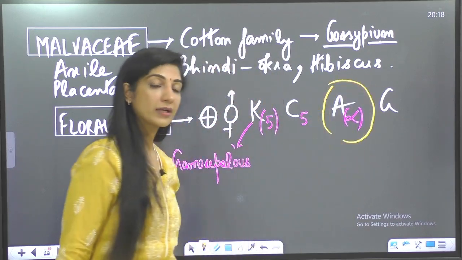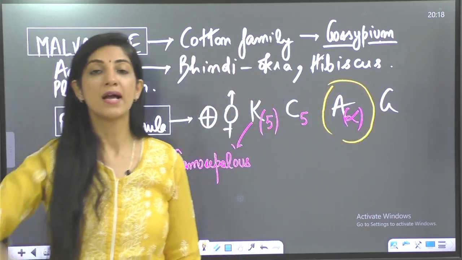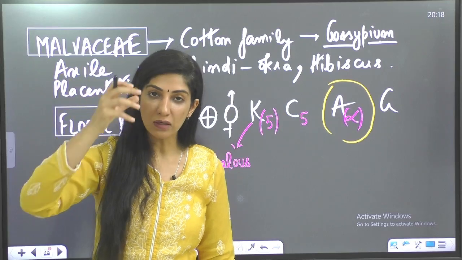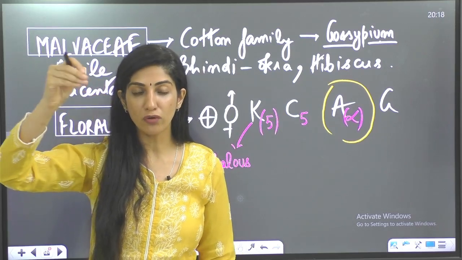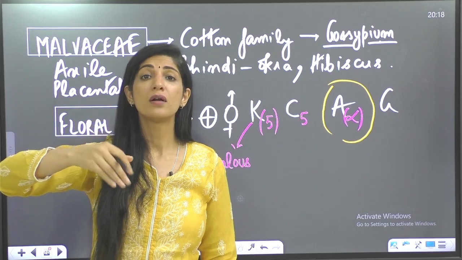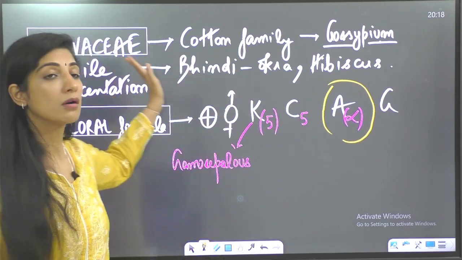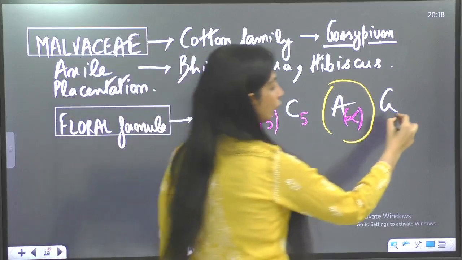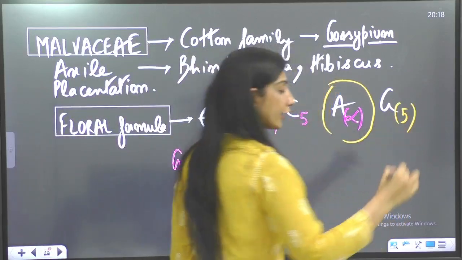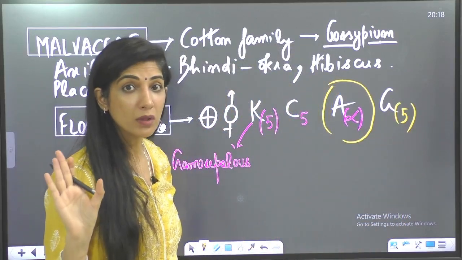diagnostic feature. Diagnostic feature means when you have to choose an option for your given question, which of the following is the correct floral formula for Malvaceae family, you will look for this. Next, you are going to look for this condition, and ovary will always be, what did I say?